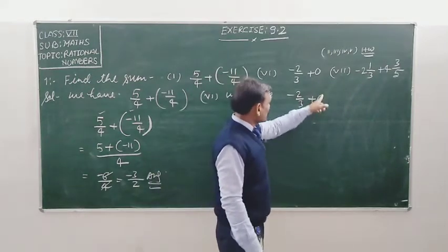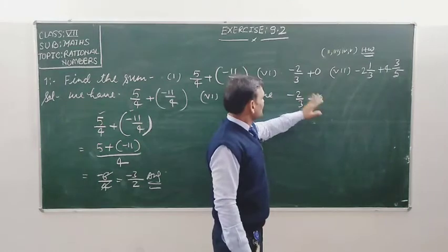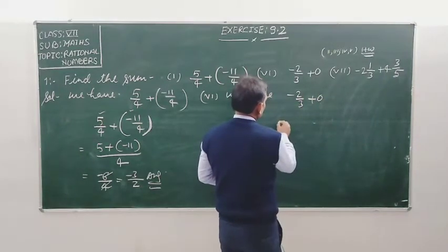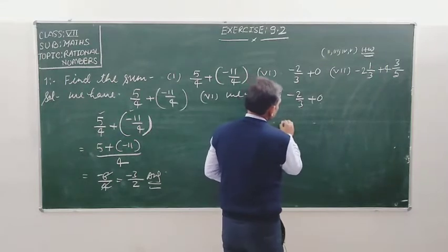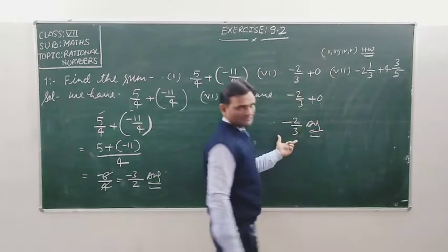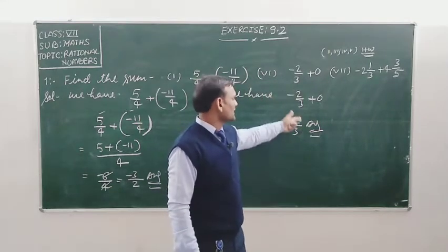So minus 2 upon 3 is my answer. Directly you can write the answer.